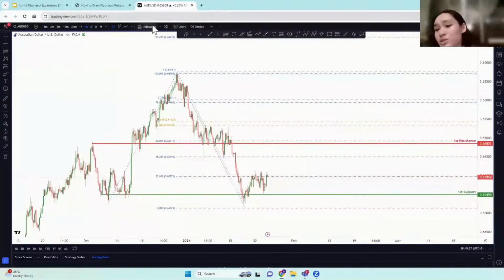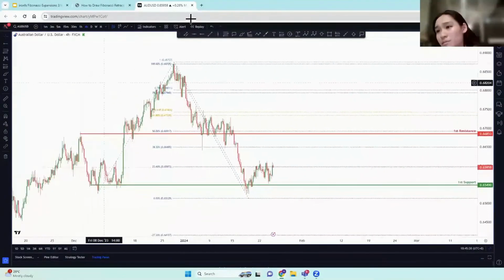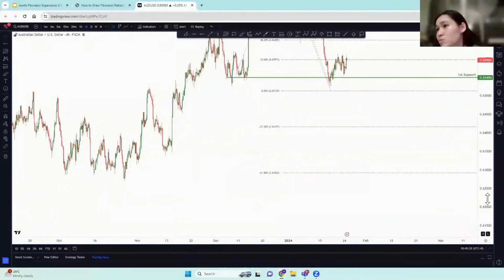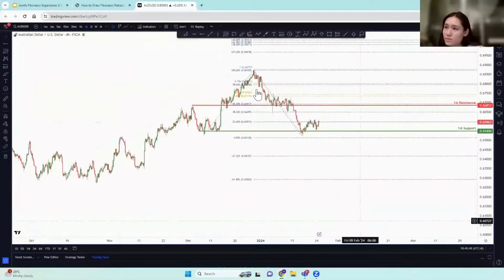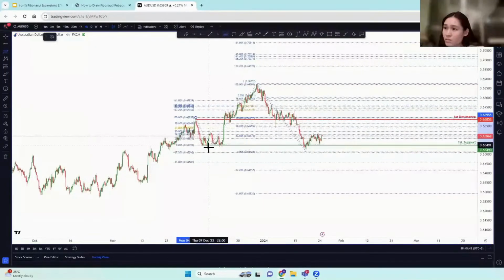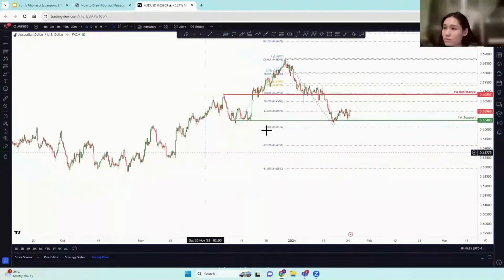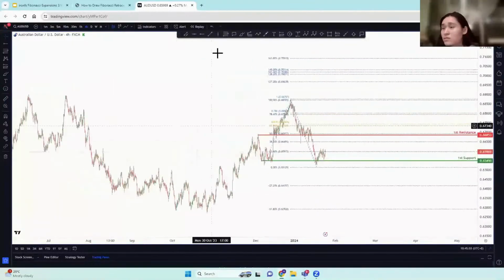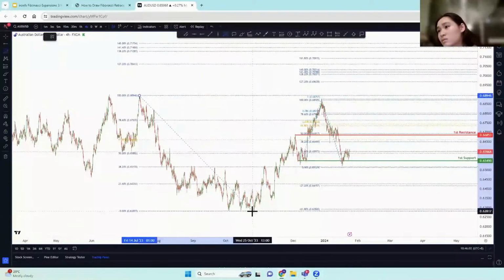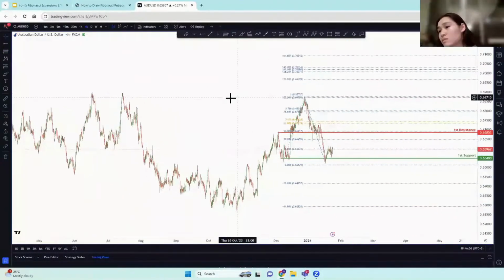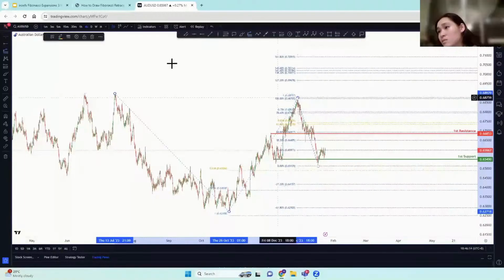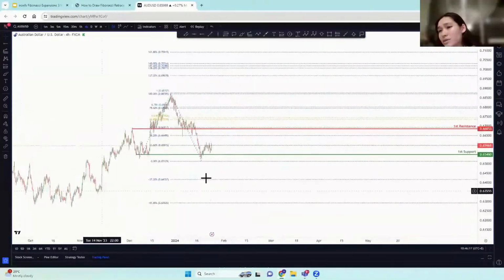I think that's all the levels that we have.